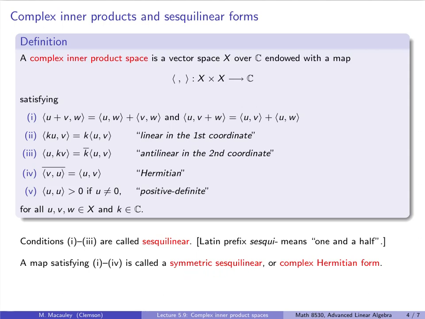Sounds like a little bit of an oxymoron because this is not symmetric, but that's what it's called sometimes, or a complex Hermitian form. So in other words, a complex inner product is a complex Hermitian form that is also positive definite.